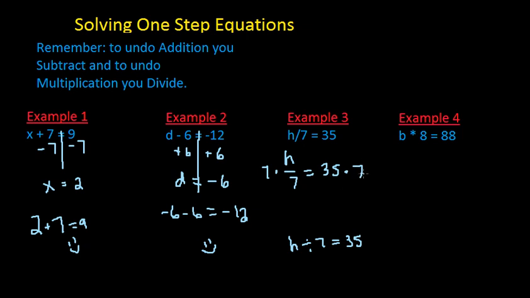And so we take 35 times 7, and we get h equals, let's see, 210 plus 35 would be 2, whoops, that's not a 2, 245.